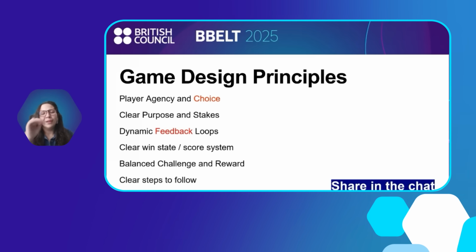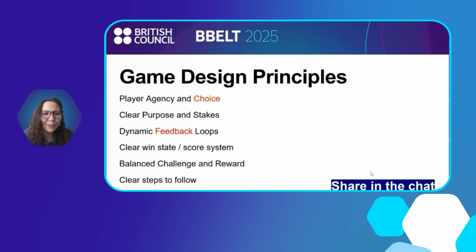Now, as we have seen the communicative approach, we have to take a look at some game design principles. The first one is player agency and choice. So here we are going to start seeing some of these points of contact where the communicative approach and game design start to coexist.